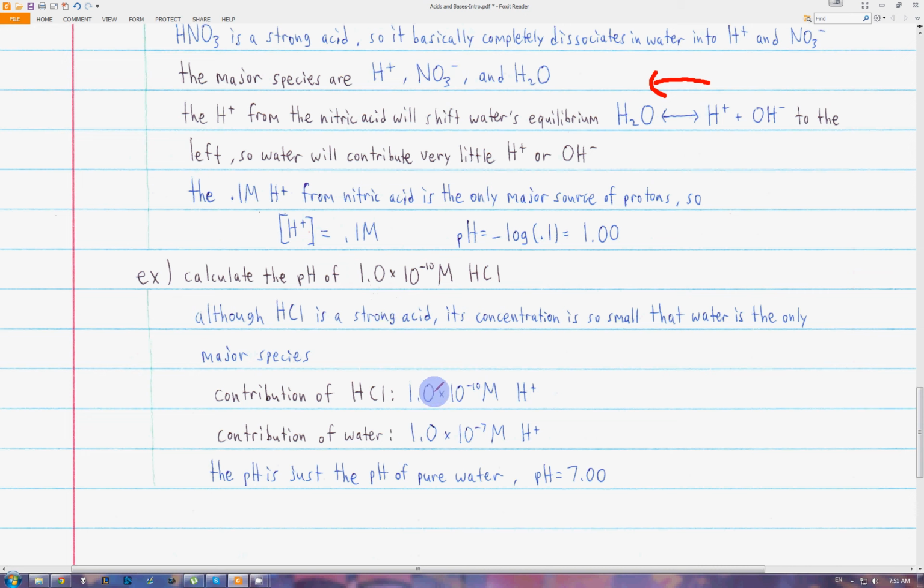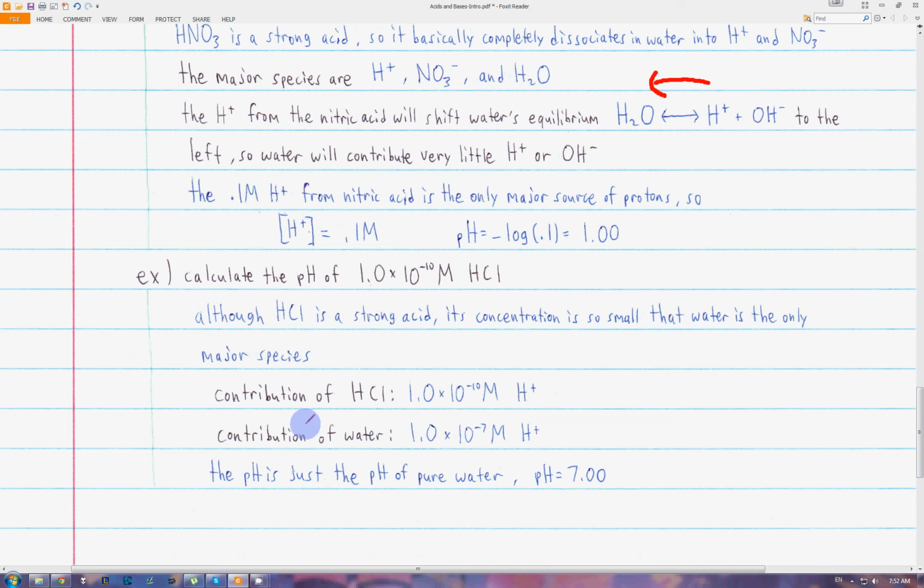And this makes sense if we look at the contribution of H plus from both hydrochloric acid and water. The hydrochloric acid, since it dissociates completely, will donate 1 times 10 to the negative 10th molar H plus. And remember, in neutral water, there are 1 times 10 to the negative 7th molar H plus. So there's actually a lot more H plus donated by water than from the HCl.